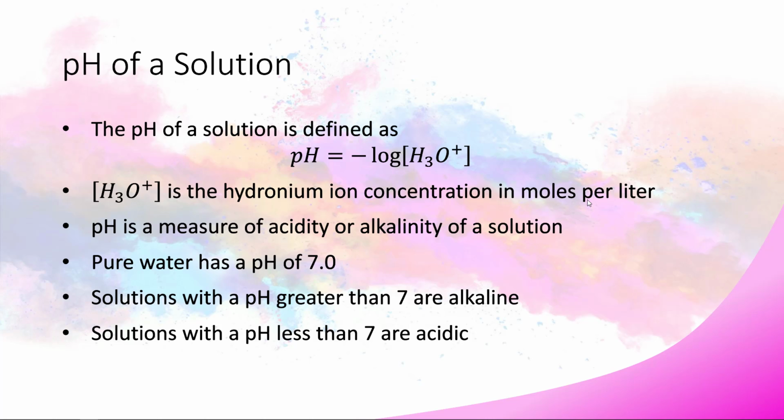And what is a mole? Well, I can show you with an example. If you looked at a carbon atom, it would have an atomic weight of 12 AMU, I forgot what that stands for, atomic mass unit.